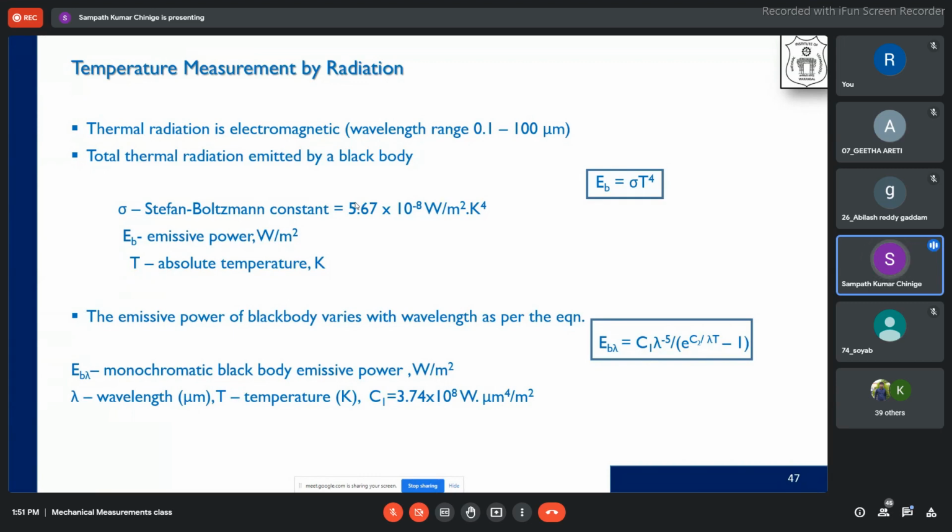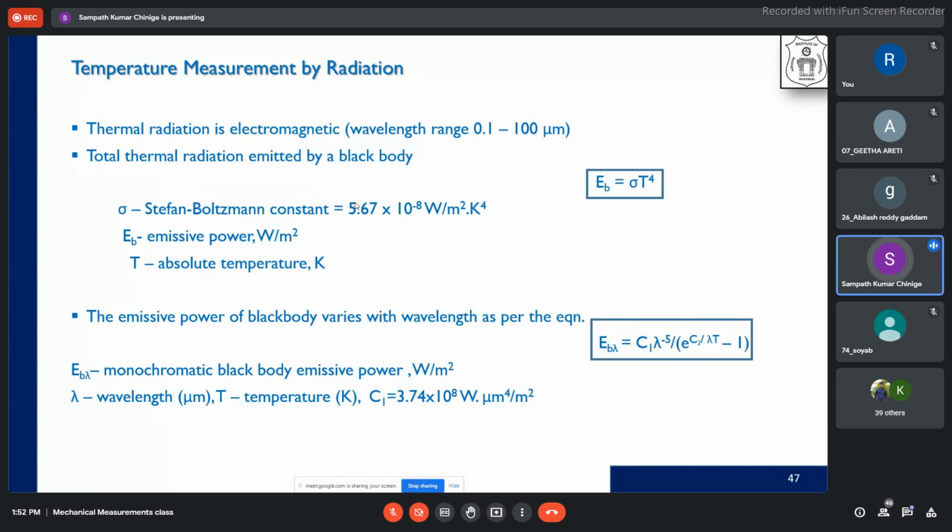Here, I will try to explain the very fundamental principles involved in radiation. There are many electromagnetic radiations depending on their frequencies, like radio waves, X-rays and so on, which are emitted because of various properties of the material. But thermal radiation is solely the electromagnetic radiation due to the temperature, or thermal energy, of the body.